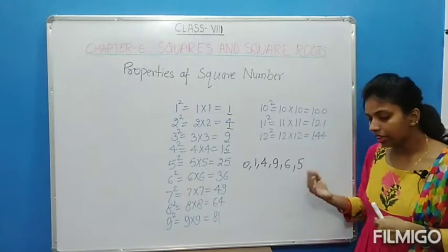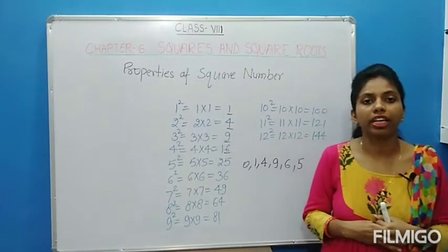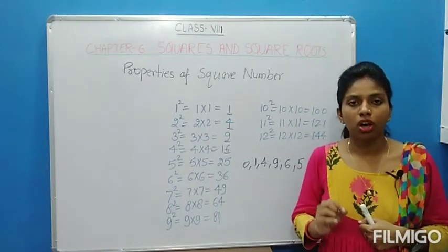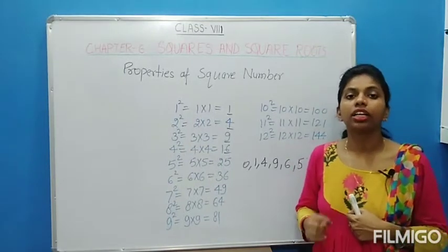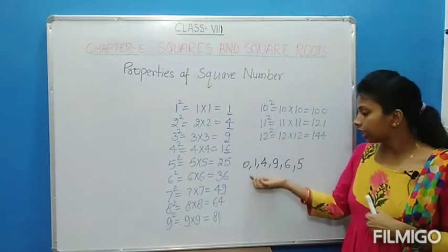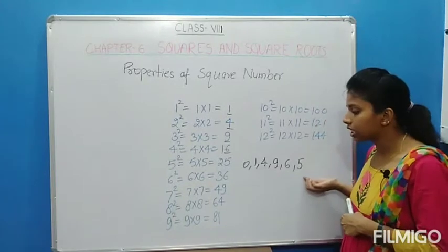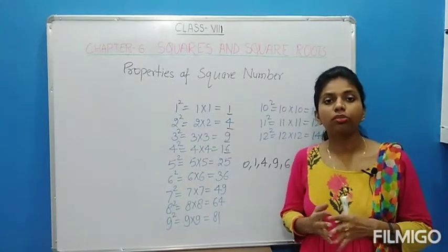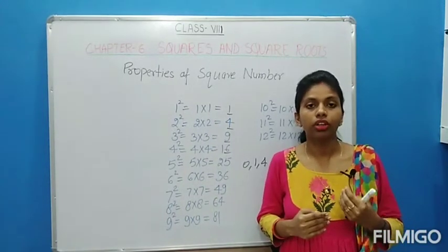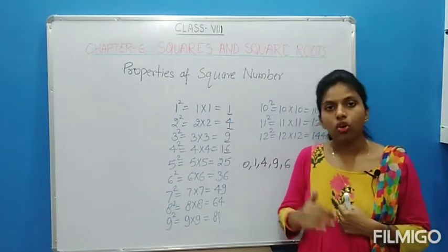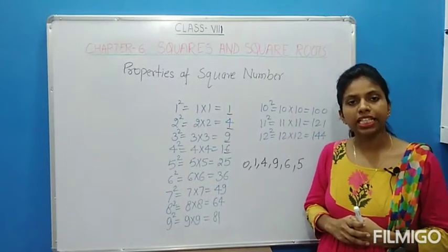You will never find a perfect square ending with 2, 3, 7 or 8. It always ends with 0, 1, 4, 5, 6 or 9.